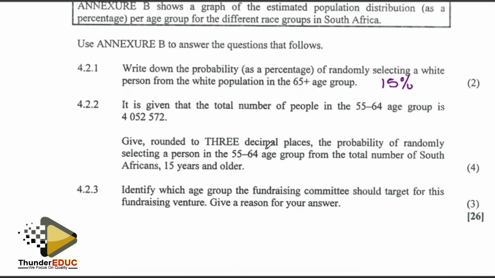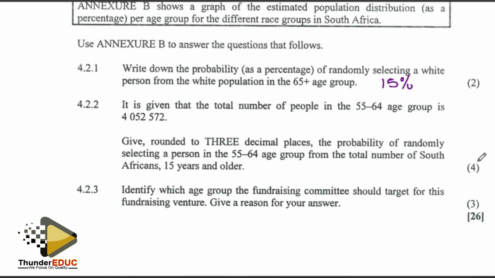Give, rounded to 3 decimal places, the probability of randomly selecting a person in the 55 to 65 years of age group from the total number of South Africans.